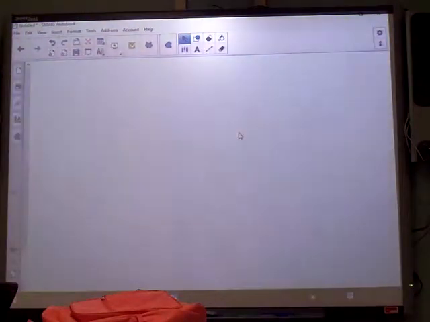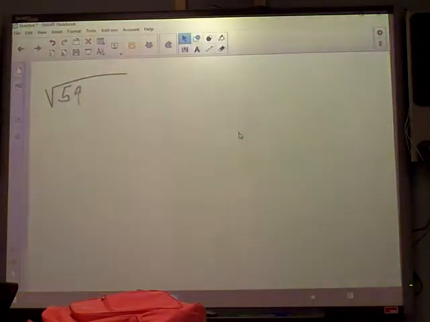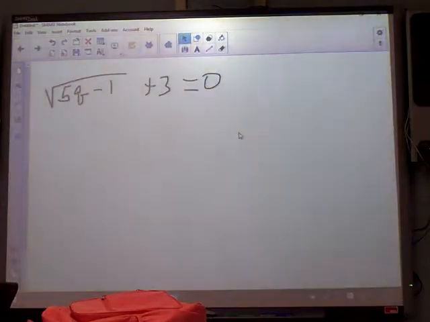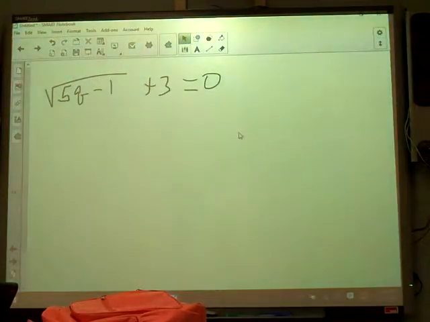We got the square root of 5q minus 1 and then a plus 3 is equal to 0. Square root of 5q minus 1 plus 3 is equal to 0. Alright, so is the radical isolated there?